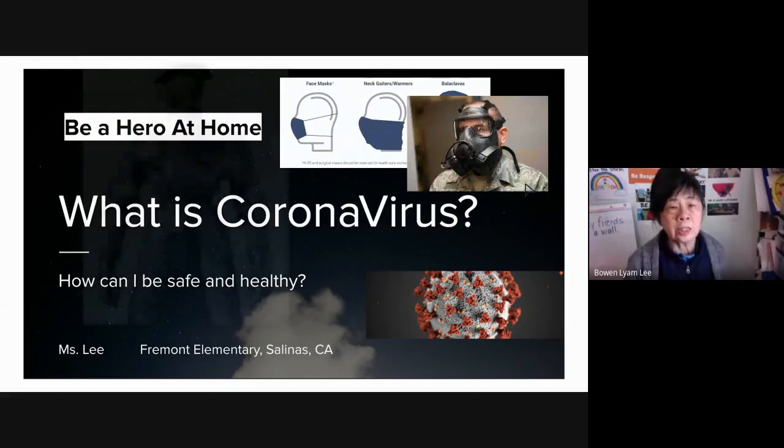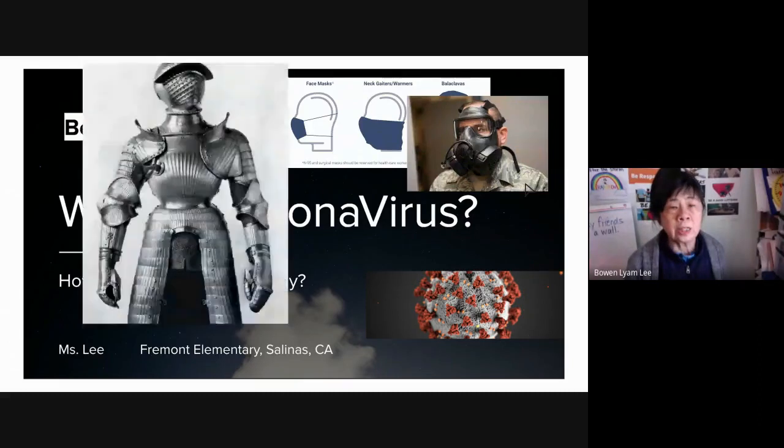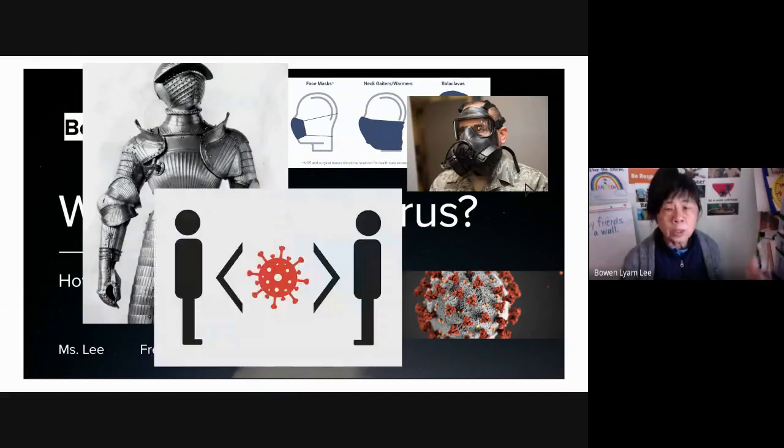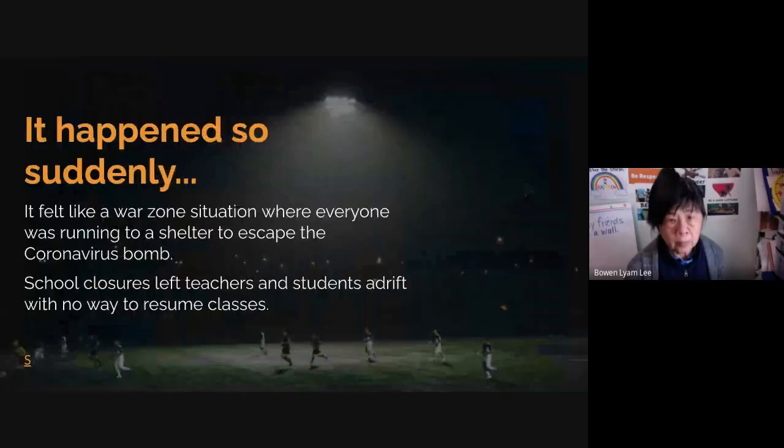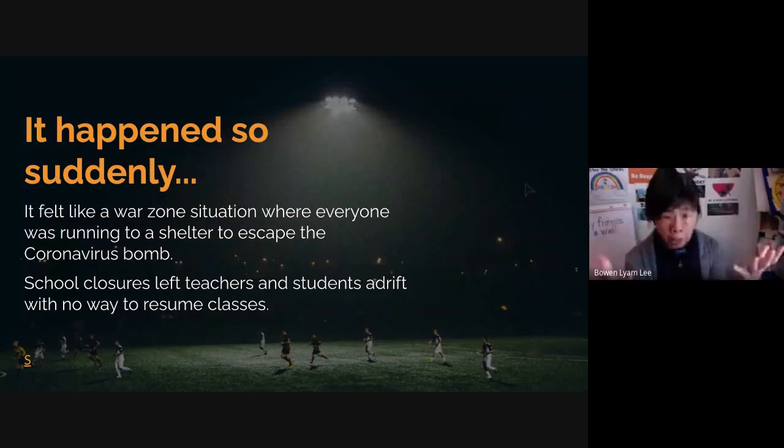How much do you have to be protected in order not to get it? And if you get it, what's going to happen to you? Who can get it? We just had so many unknowns in the beginning. We just didn't know what was going to happen. So many uncertainties. And it happened so suddenly, it just felt like a war zone situation where everyone's running to shelter to escape the coronavirus bomb.